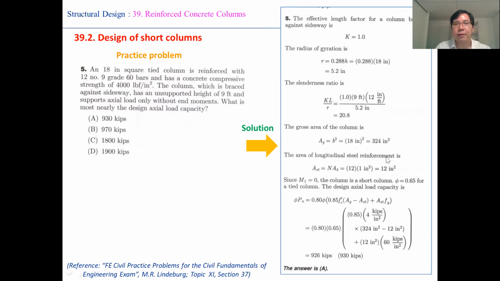And after that, you can calculate the gross area of the column, Ag, by this equation, b square, and you can find the result of Ag, so that the area of longitudinal steel reinforcement is calculated by this equation. A sub st equal to 12 inch square.